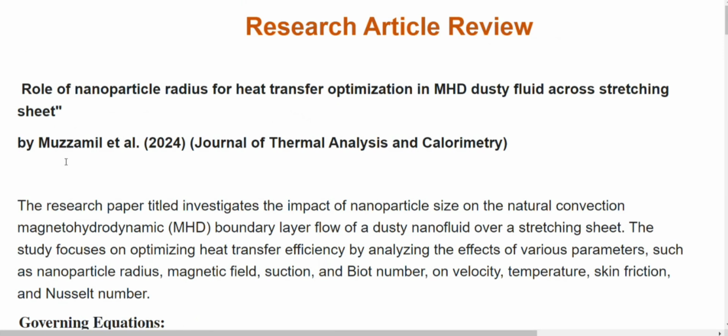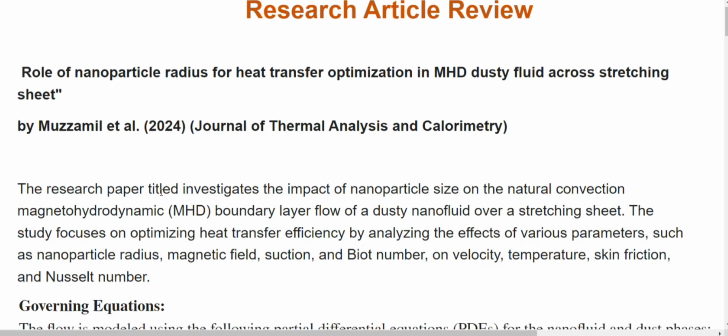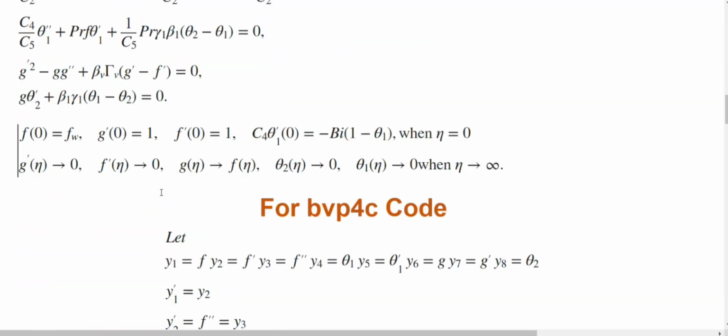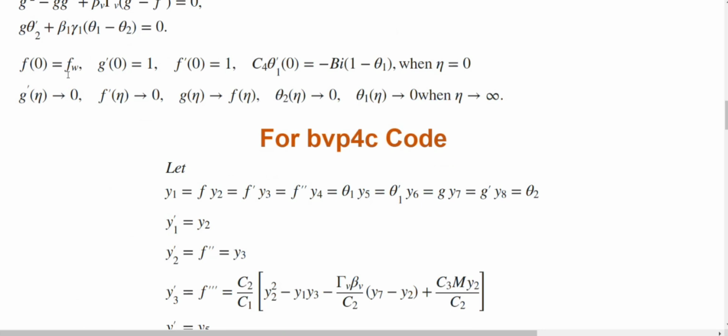Problem picking is very good. That's why it is published in a very good journal. But probably they have missed out, or they did not carefully look at the boundary conditions. Now, if you are reviewing this article, then you probably would not know, you probably would work on hit and trial.